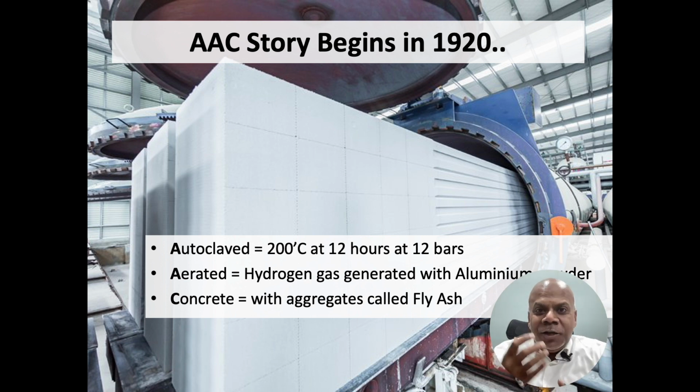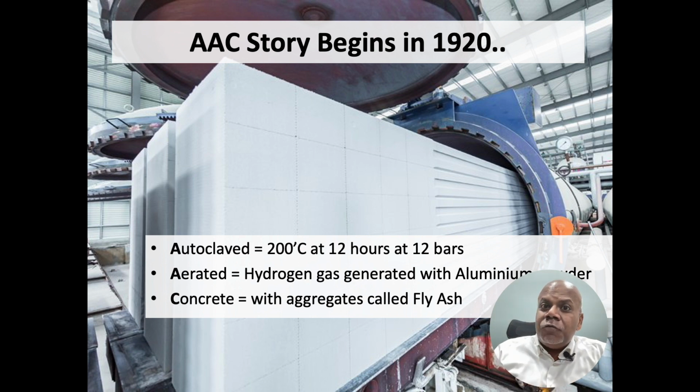This is a kind of pressure cooker where the pressure is far bigger than in our kitchen. The kitchen pressure cooker has a pressure of around 0.5 bars, but in this case it is 12 bars. So it is 24 times higher pressure in this autoclave, and literally you are cooking the blocks inside.